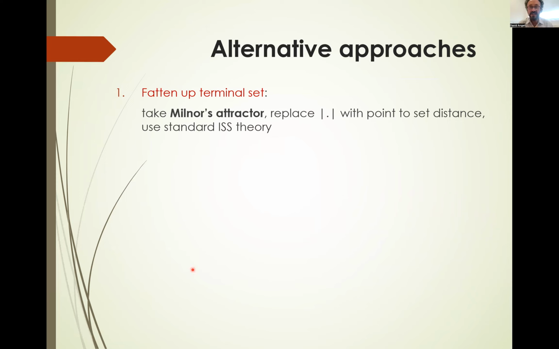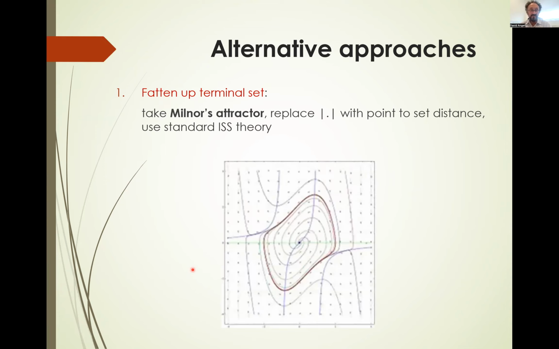However, there is an alternative approach which is possible to pursue, which is to take what is sometimes called the Milnor attractor. So basically it is the smallest set which is globally asymptotically stable. So if you've got the van der Pol oscillator, the so-called Milnor attractor is this guy here.